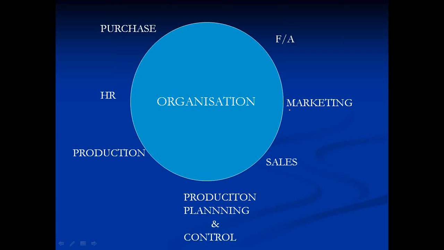Its main objective is to create the market for the organization's product so that demand is increased, sales are increased, and profits are increased. For this purpose, the marketing department always wants to conduct advertising activities or sales promotion activities, which involve spending of funds. Here, if you observe, both departments, finance and accounts and marketing, are trying to maximize the profits, but the way in which they are trying is different.